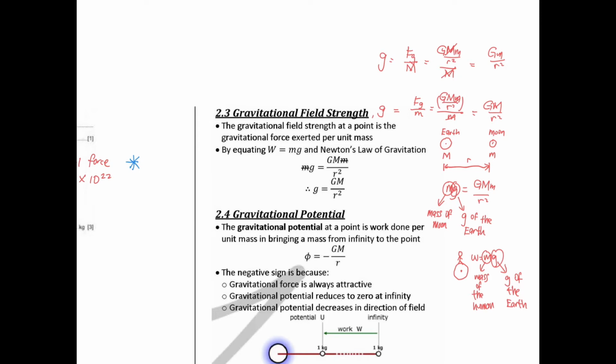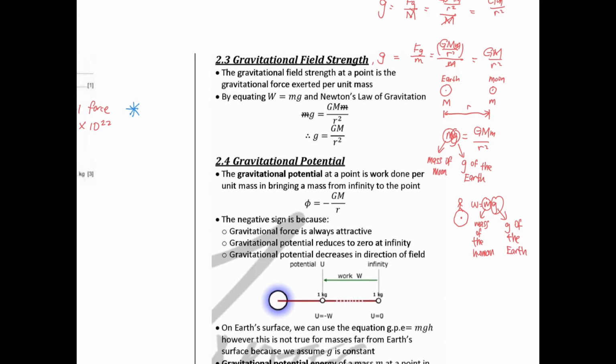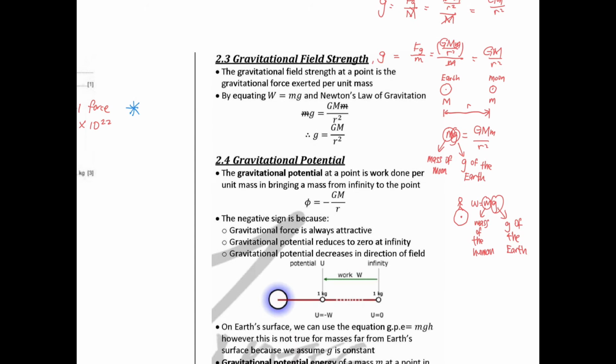2.4 is about gravitational potential. What is that? The symbol is phi. And what is gravitational potential?